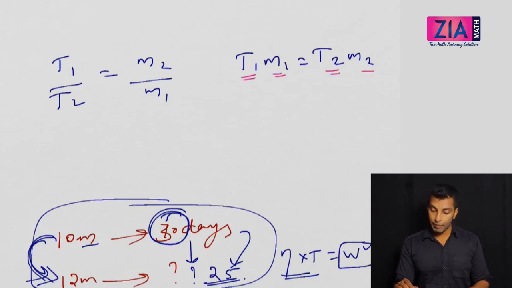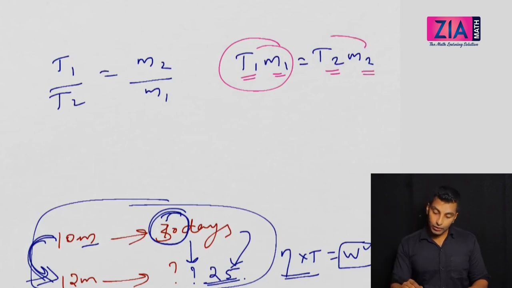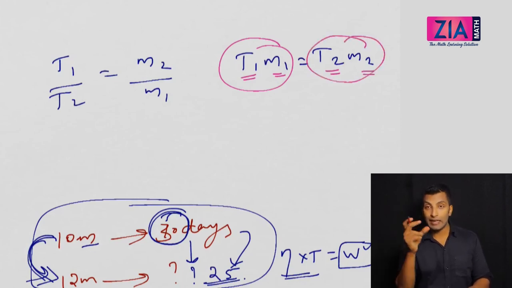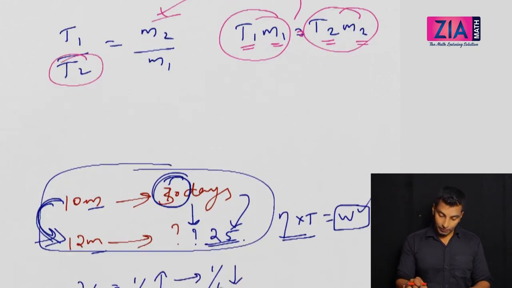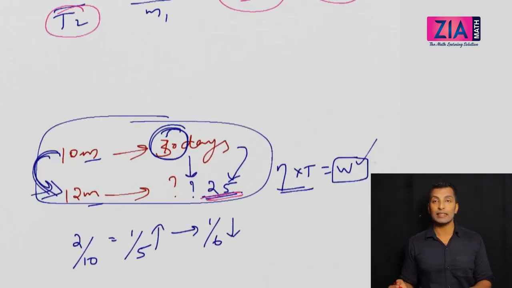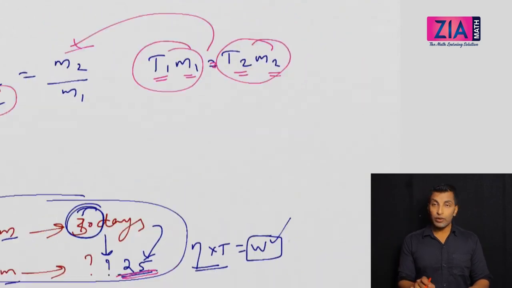T1 M1 is the work done, and T2 M2 is the work done. Since the work is the same, you are equating this. And in this you have one unknown. T2 is the unknown, right? So time taken in the second instance is the unknown. So you can get the answer by substituting the values like this.